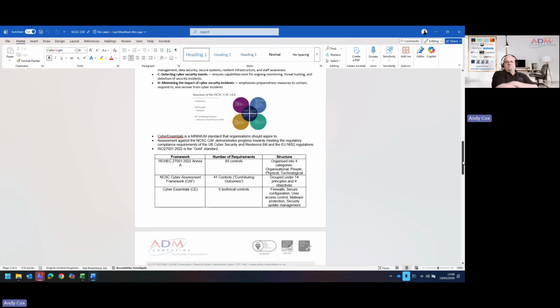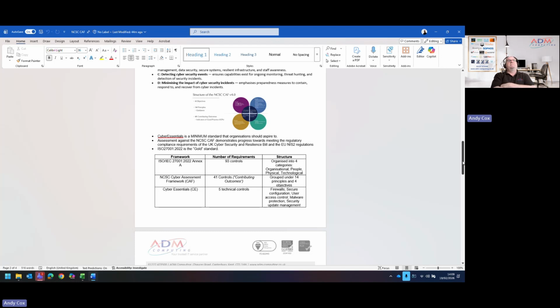Now, as it stands at the moment, the Cyber Assessment Framework isn't a certification or an accreditation that you can go and obtain. I attended a course just before Christmas on using the Cyber Assessment Framework for ourselves and for our customers.